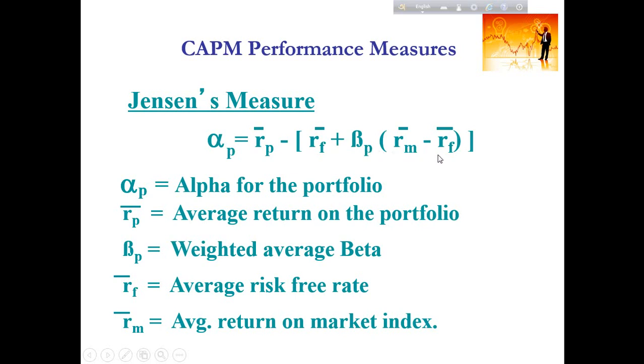That is the expected return, the return we expect to generate given the risk-free rate plus the systematic risk and risk premium. And we can compare this with the actual return on the portfolio. So Jensen's alpha gives us a measure of the difference between the return we actually generated and the return we should have generated given the risk. Hence, once again, it gives us a measure of risk-adjusted returns.